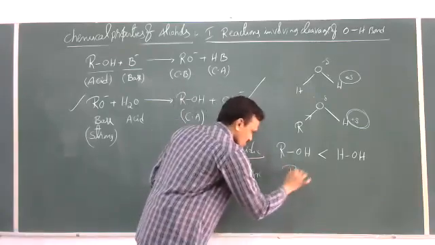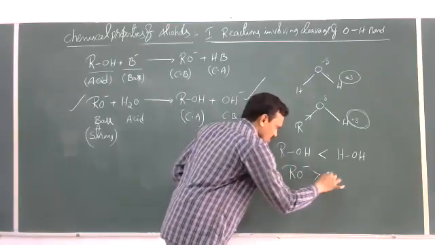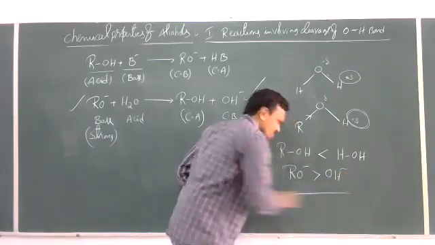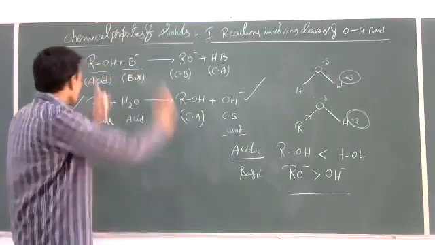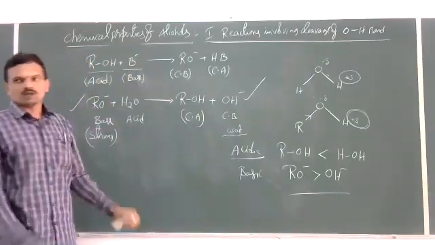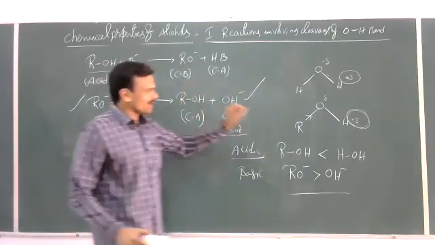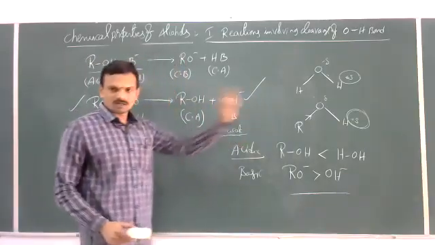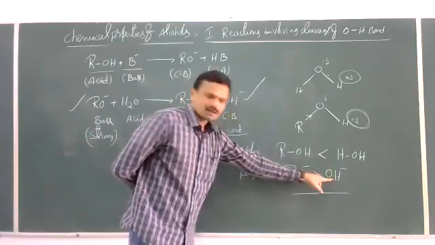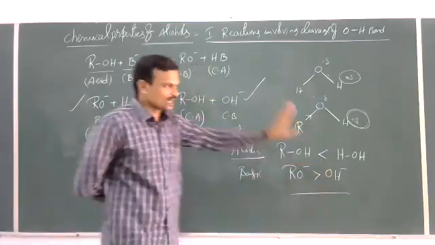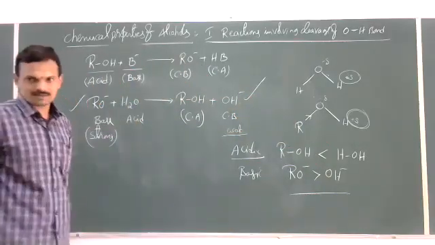RO minus is greater than OH minus. This is the order of conjugate basic strength. So overall, from these two reactions, we come to know that alcohols are weaker acids than water, and alkoxide is a stronger base than hydroxide. So this is regarding the acidic nature of alcohols.